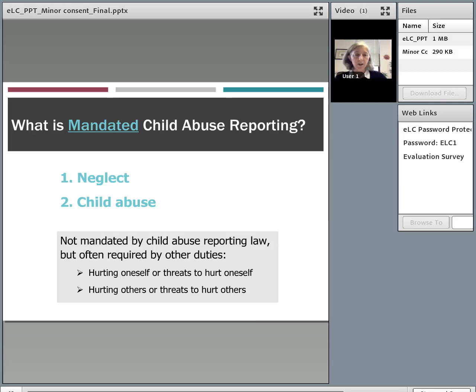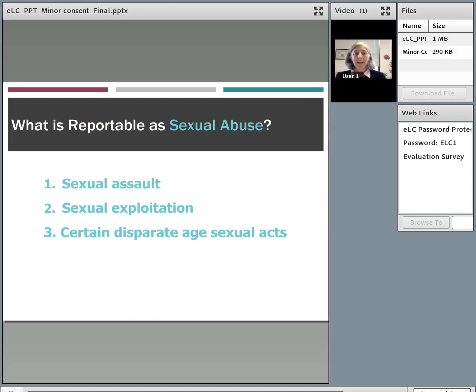Let's dig into that definition of child abuse. In California, sexual abuse is defined as three categories of information, and I'm sorry, I have a fire truck going by below. It's sexual assault, which means any kind of non-consensual sexual activity. That may be rape.